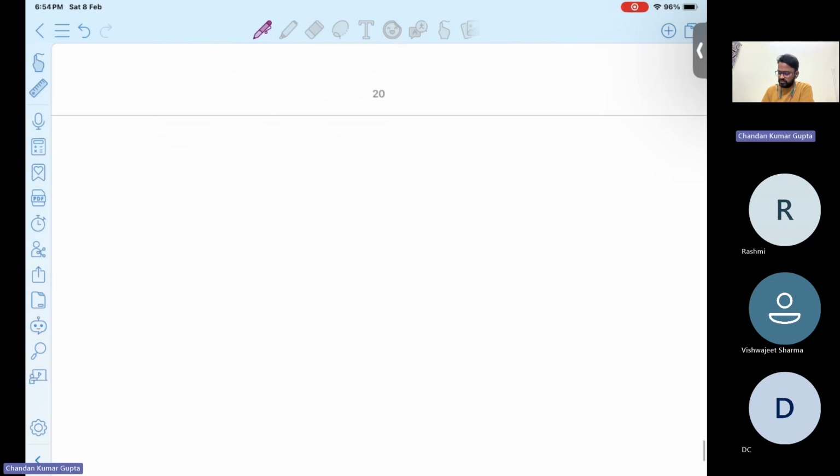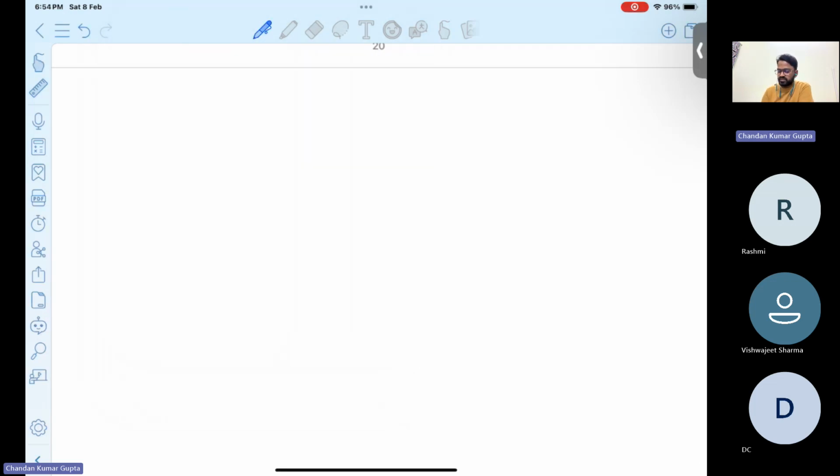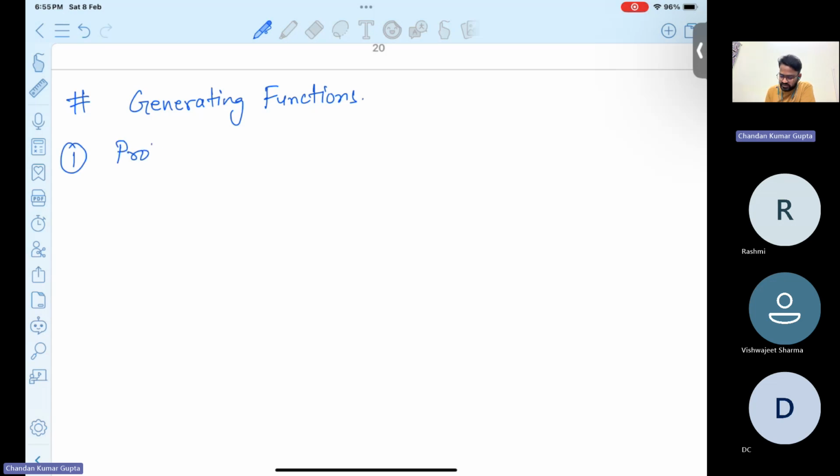So up to this point, we have discussed moments, higher order moments, and inequalities. Now we will discuss generating functions, and the first one is the probability generating function, also abbreviated as PGF.